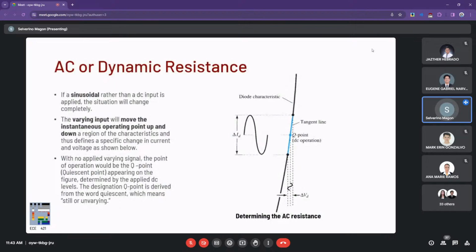So similarly, if you apply AC inputs or AC supply, then the same characteristics can be obtained in such figures.